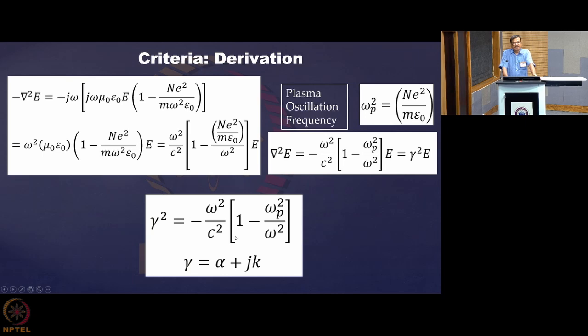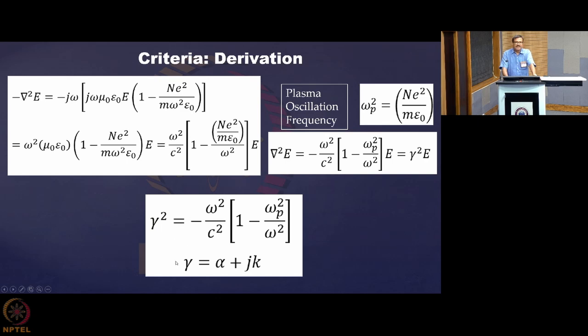But suppose it is the other way round, this side should be less than 1. Then 1 minus something which is less than 1 will give you a positive thing. So this gamma square becomes negative, because this side is positive and that is negative. The total quantity becomes negative.